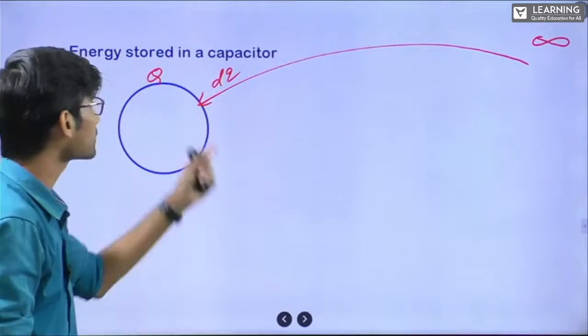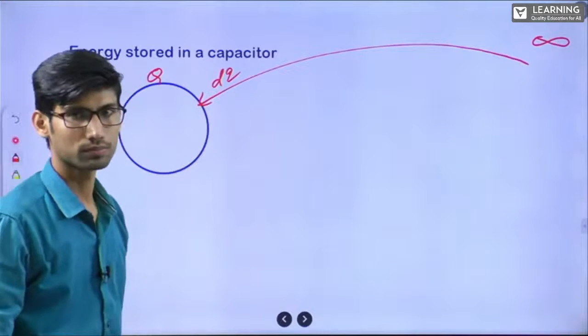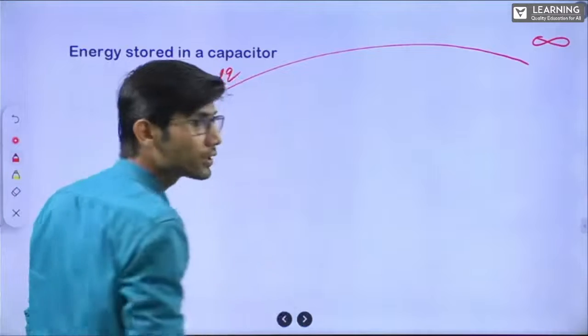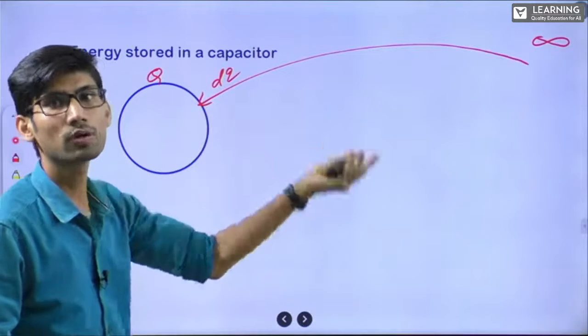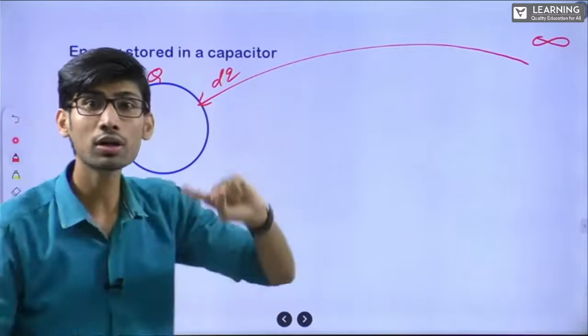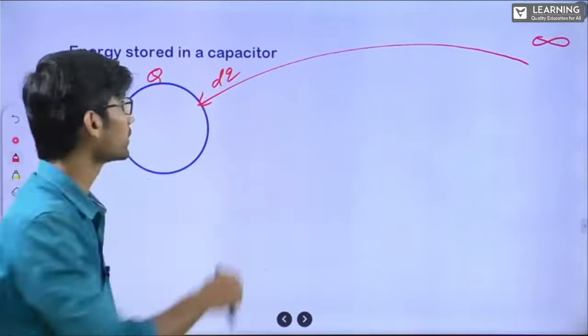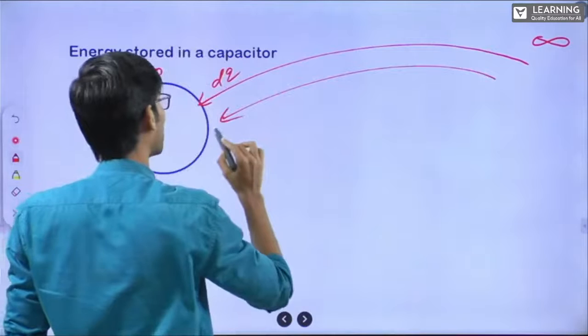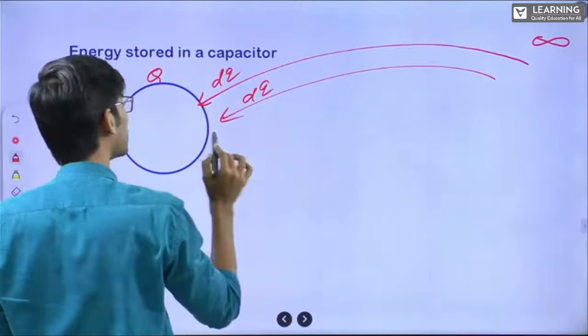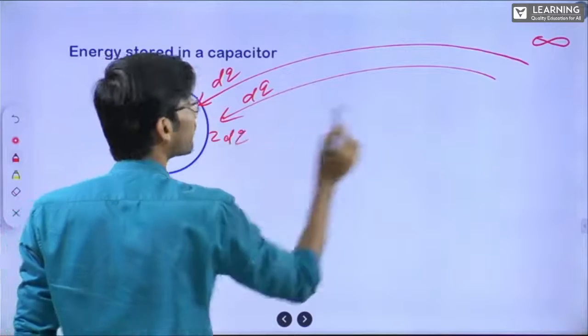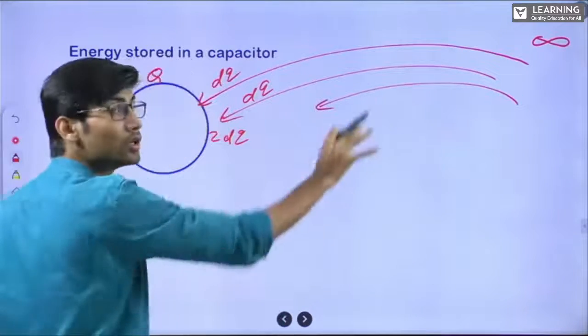All right. First dq when came, the work done was 0. Next dq when it will come, the work done will be more than that. Next dq, the work done will be more than that. What I'm trying to tell is the work done is not constant. First dq is there. Then one more dq I brought, I did some work. Now 2 dq are there here. So if I bring one more dq, these 2 dq will repel.